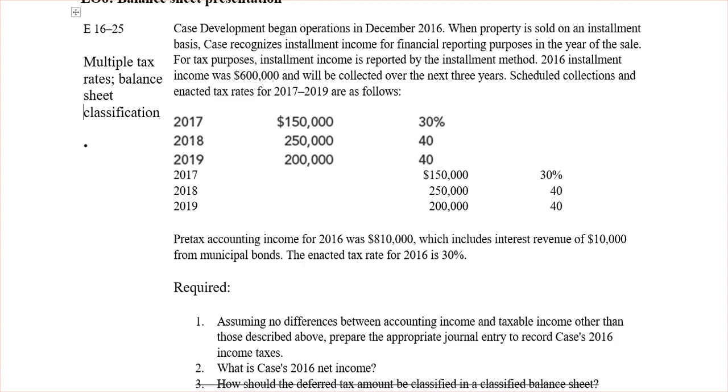But it also says we have pre-tax accounting income in 2016 of 810,000 in total. So I guess we're going to say 600,000 of it is for this installment, right? And 210 is from something else. Well, 10 of that apparently is interest revenue on municipal bonds. So interest revenue, just so you understand, on municipal bonds is not taxable because it is from a government entity, so we do not have to tax.